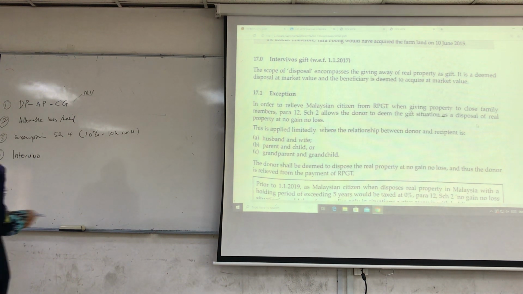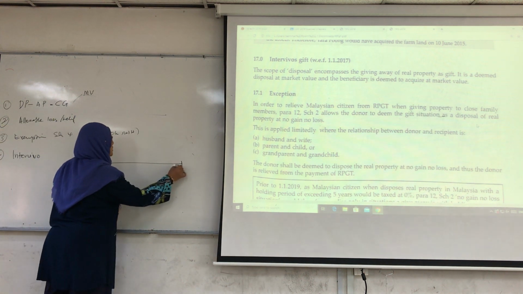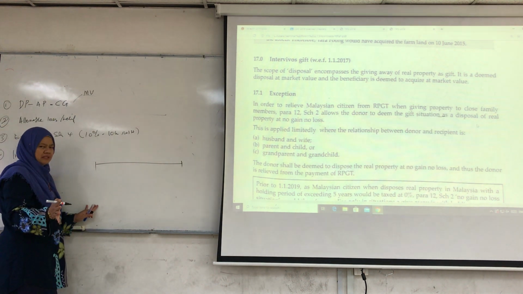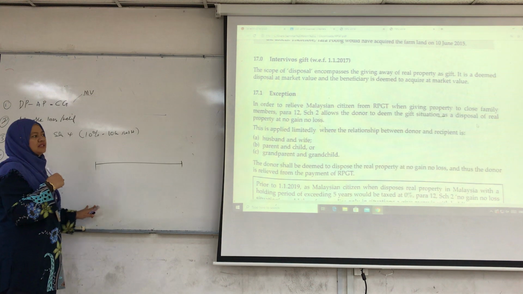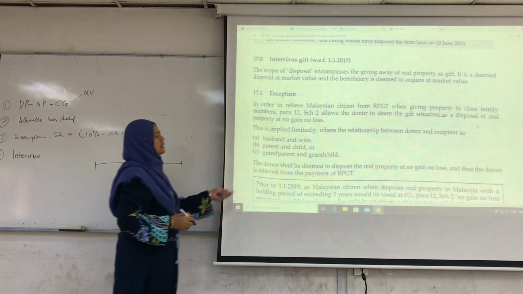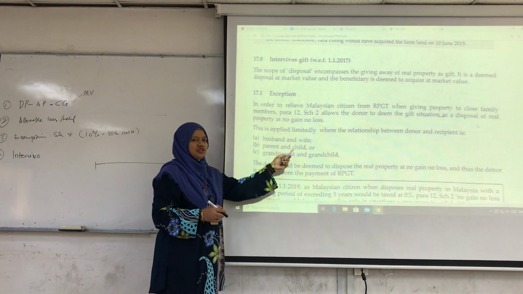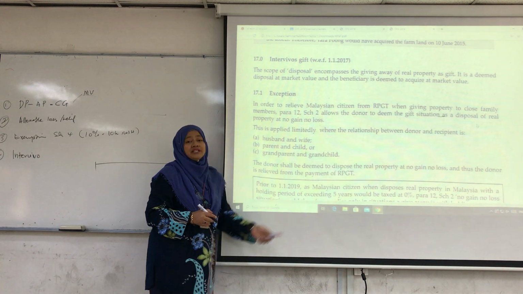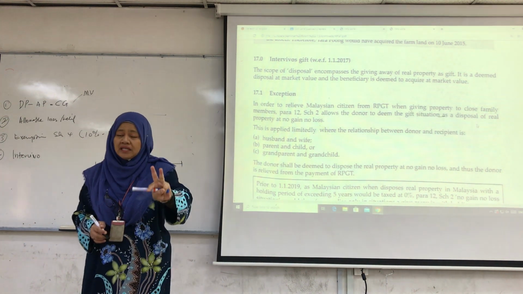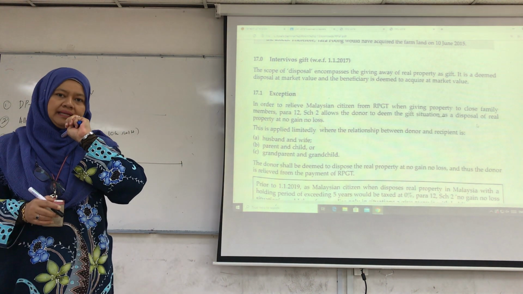Who are these close family members? Husband and wife, parent and child, or grandparent to grandchild. These are the only three that fall into the exception.